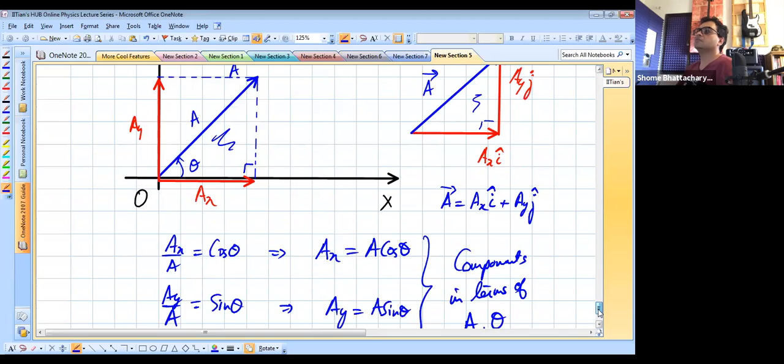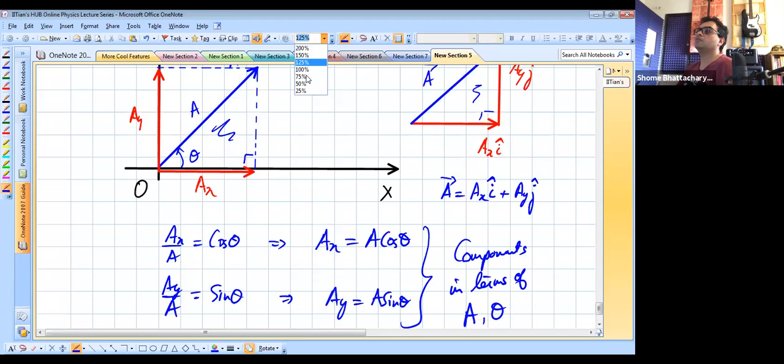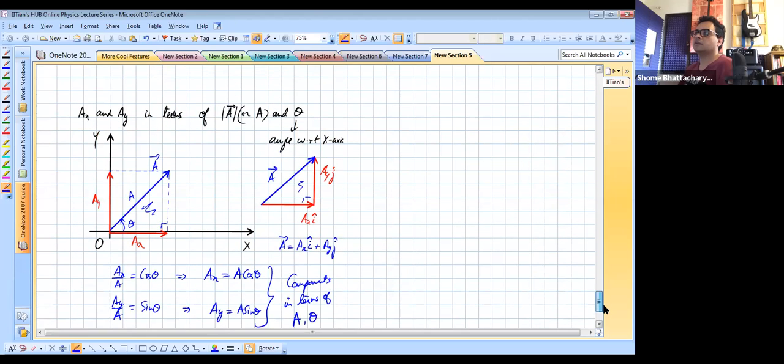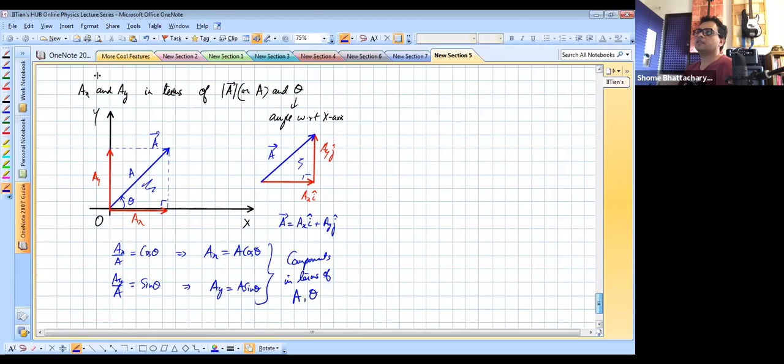Okay, so this is the most important thing: how to convert geometrical information about a vector into a component equation. So the components of a vector Ax and Ay in terms of the magnitude of the vector and the angle it's making with the x-axis. So these are the formulas. Ax is A cos theta and Ay is A sin theta. So using this, we can convert any diagram where the vector's magnitude is shown and the angle is shown into a component equation to represent the vector.